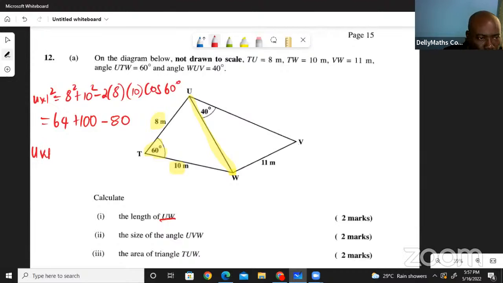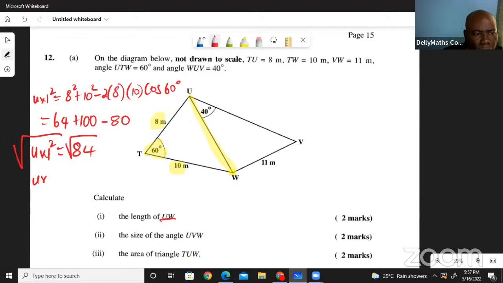So finally, UW square is equal to 64 plus 100. That's 164 minus 80. That is 84. So it's a root of 84. So let's take the root of both sides.